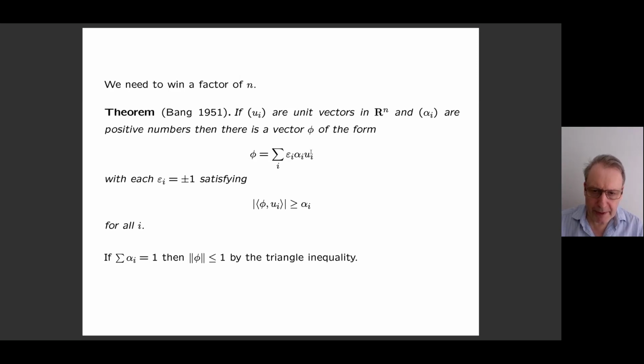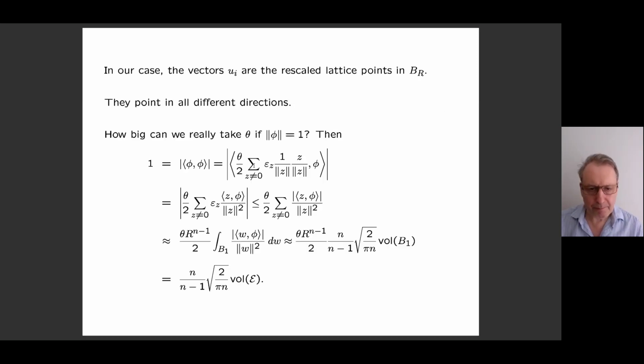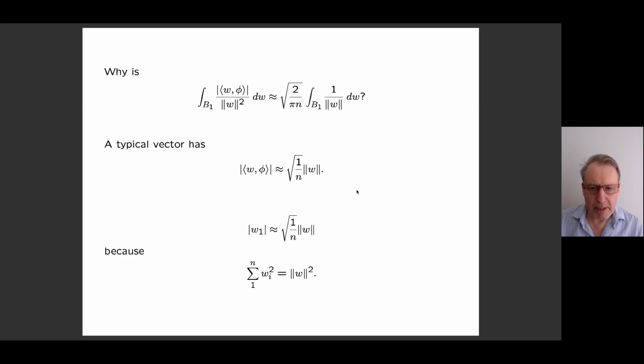So the length here depends only on the components of these vectors in whatever direction the sum ends up pointing in, and that would be 1 over root n times the length. So you can improve the triangle inequality by root n because these things point in all different directions, and only one direction matters for the length of the sum. So that explains the argument here.